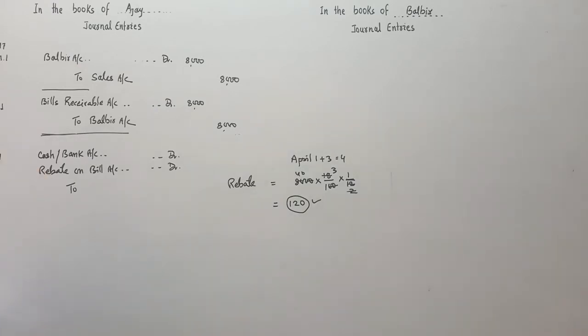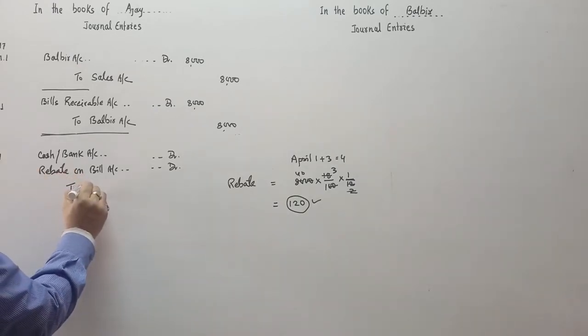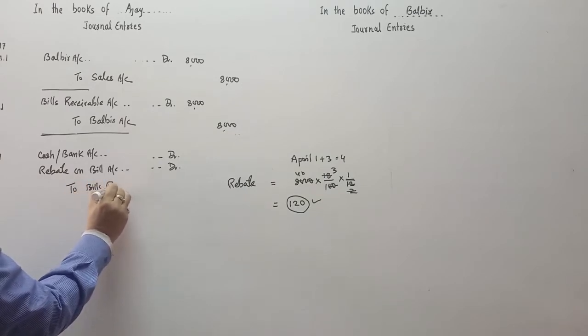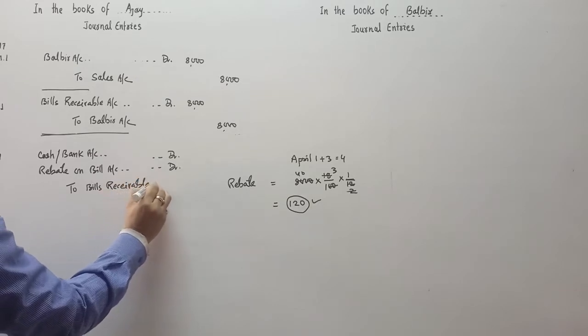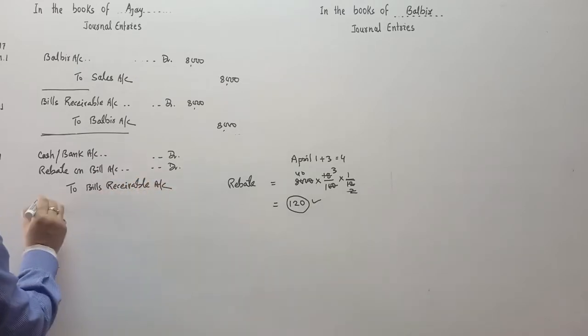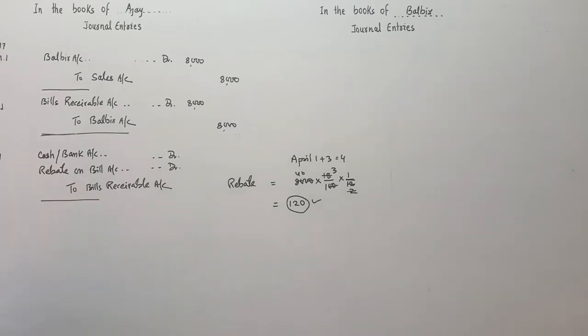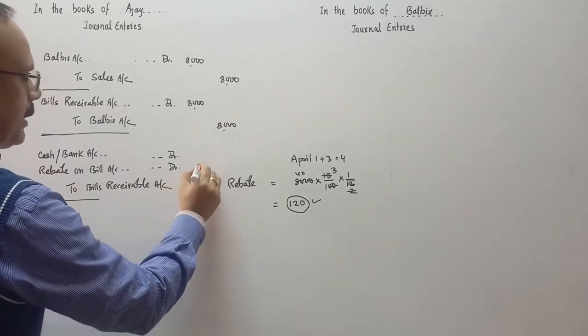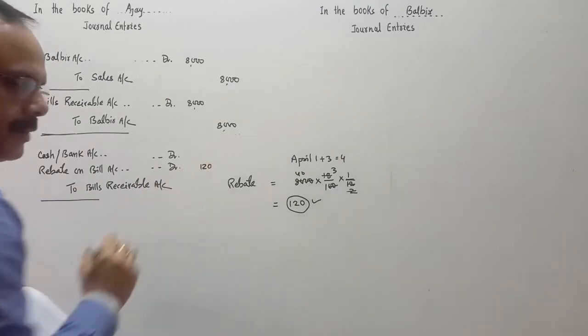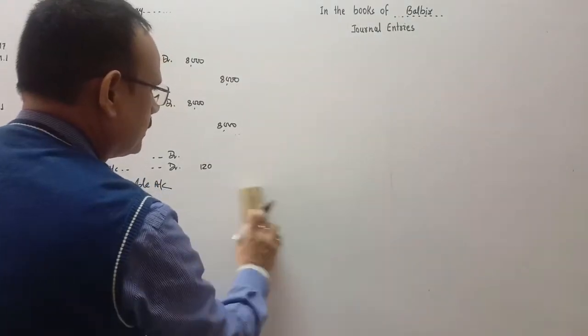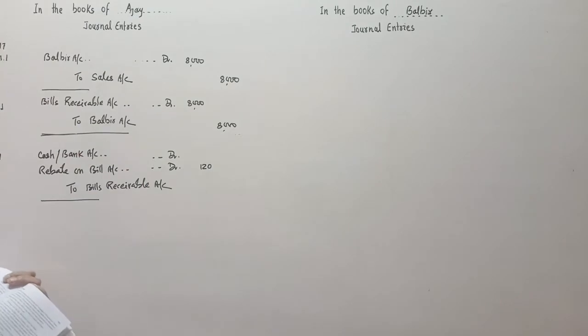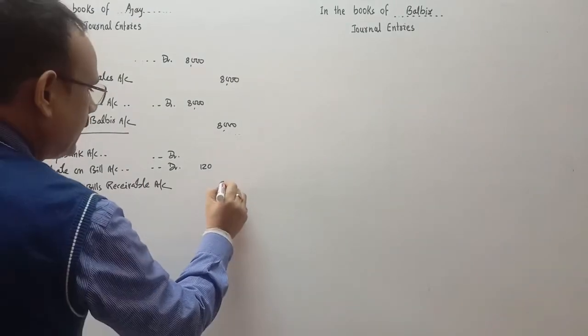So he will debit the rebate account. To bills receivable account. The amount of rebate is 120. The bill is of rupees 8,000.